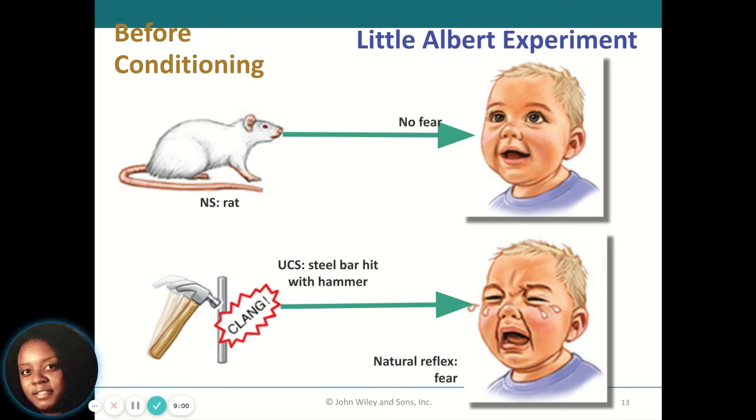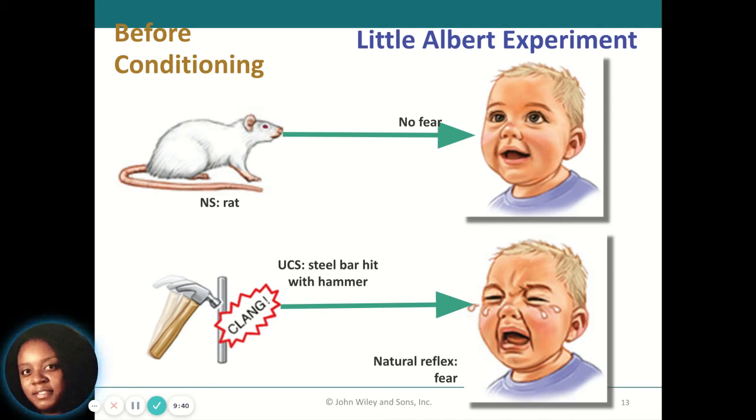So they did the same thing that Pavlov did with the dogs with 9-month-old little Albert. They had to figure out what's something that's naturally fear-causing for a baby. Loud noises. So they banged on a steel bar with a hammer, and of course, Albert jumped. He started to cry, and he was afraid because babies don't like loud noises naturally.